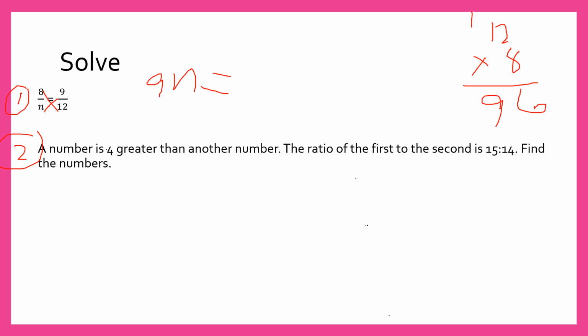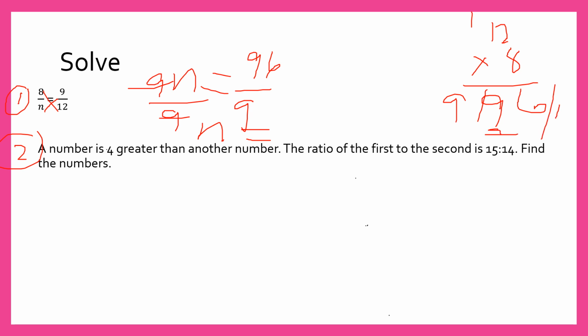Am I correct? 8 times 2 is 16, bringing down 6, carry 1. 8 times 1 is 8 plus 1, 9. 96. Okay, 96 divided by 9. What is the value of n? We have 1. Okay, so 9. Okay, so 0. 6 divided by 9 equals 0. Then add 0 here. So 60 divided by 9 is 6.